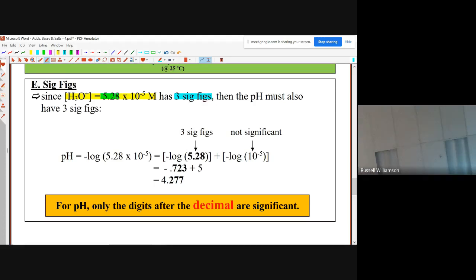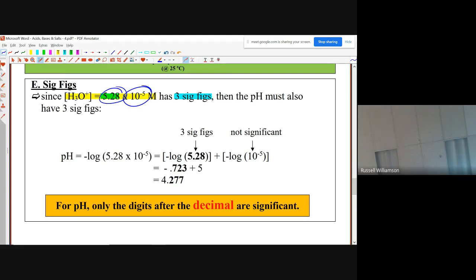But what about the times 10 to the minus 5? That's not significant, right? Because all it does is tell you the number of zeros that come before the 5.28. So a bunch of zeros, then 528. So the times 10 to the minus 5, I want to say it again, is not significant. The part that's significant is the 5.28 part.